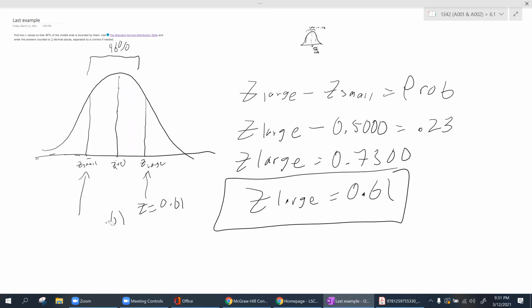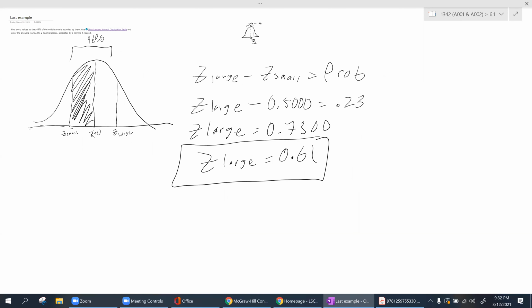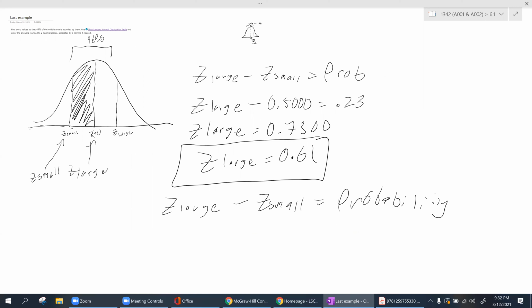If you wanted to focus on this end, that area, that probability, is still 0.23. So this is your large, and this would become your small, and you would do z large minus z small is equal to that probability. I'll leave this as an exercise for you to find. You can use symmetry, or you can solve it manually the other way.